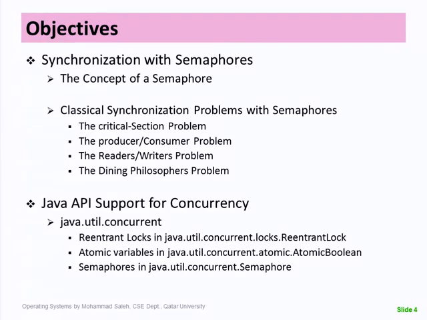After that, we will move again to another branch of implementing the locking mechanism. And here is going to be using semaphores, the concept of a semaphore. So we'll introduce that concept to you, and then we'll show you how you can use semaphores to implement synchronization for various problems, including the most common problem, which we call the critical section problem, producer-consumer problem, readers-writers problem, and the dining philosophers as well.